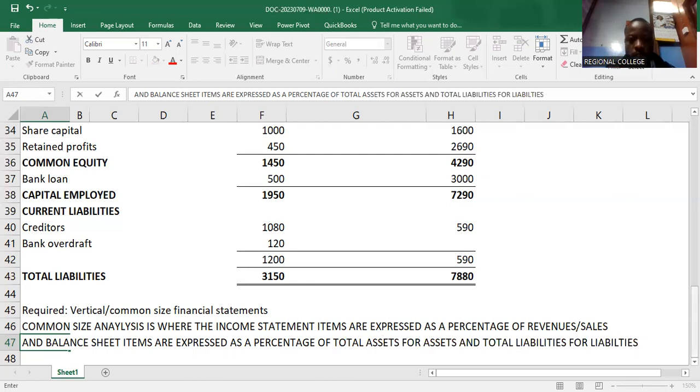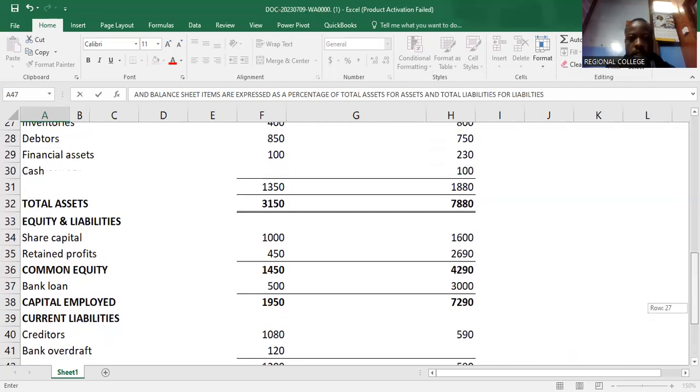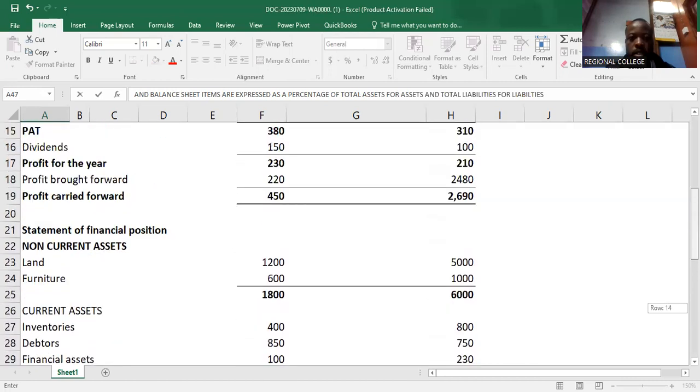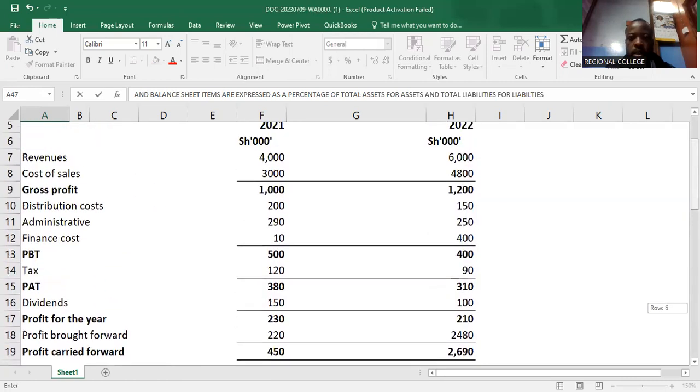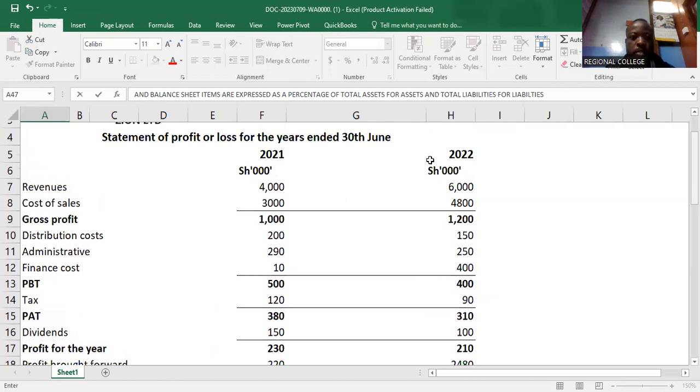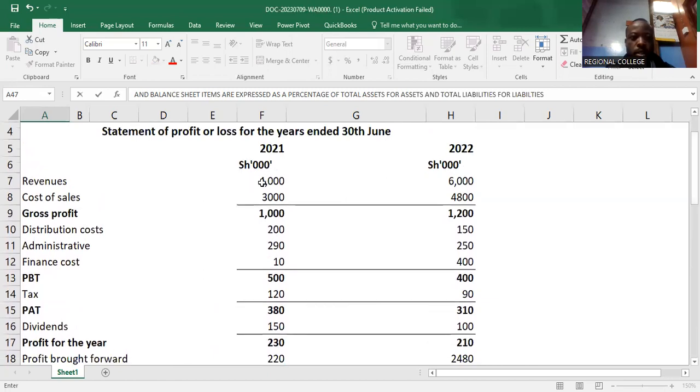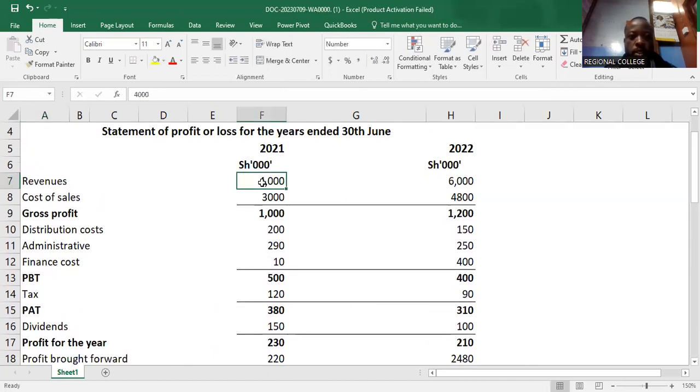So now let's start analyzing it in our income statement. Every item in the income statement will be expressed as a percentage of the revenues in 2021, which is 4,000, and in 2022, which is 6,000. So here we'll have the percentages.